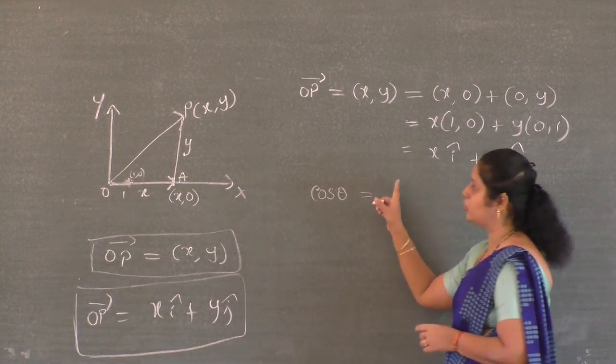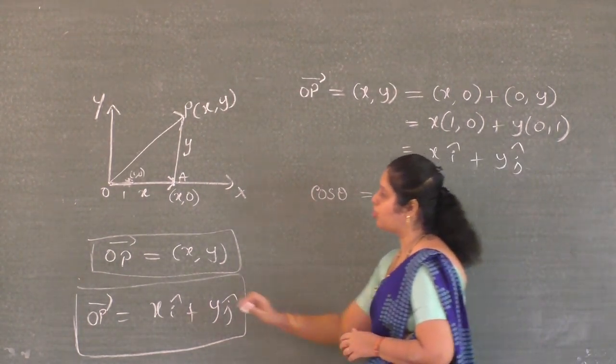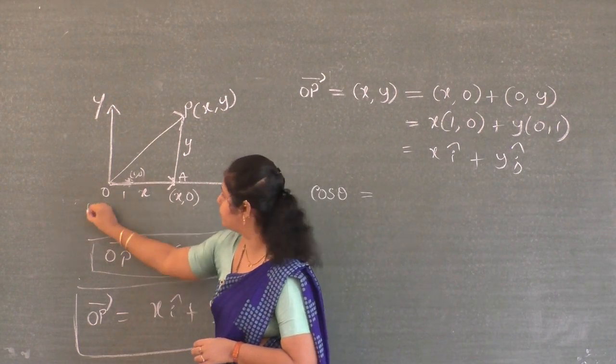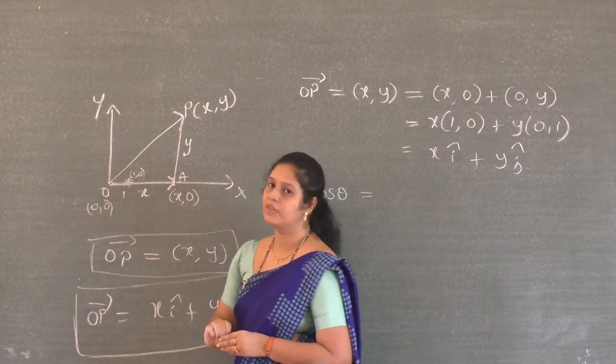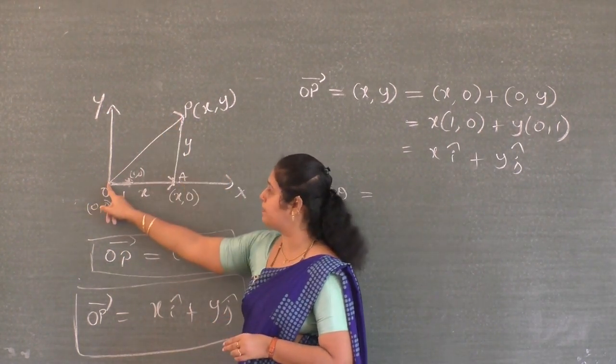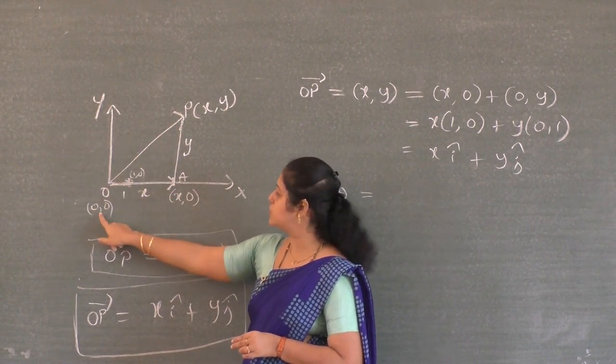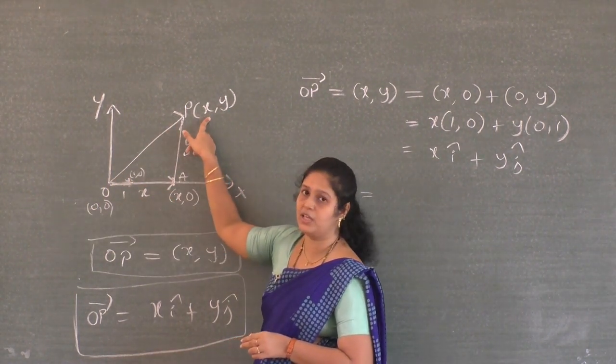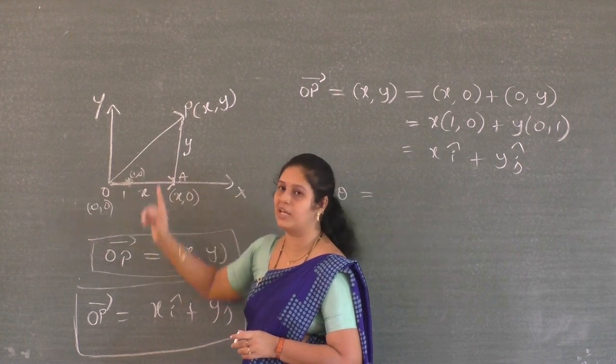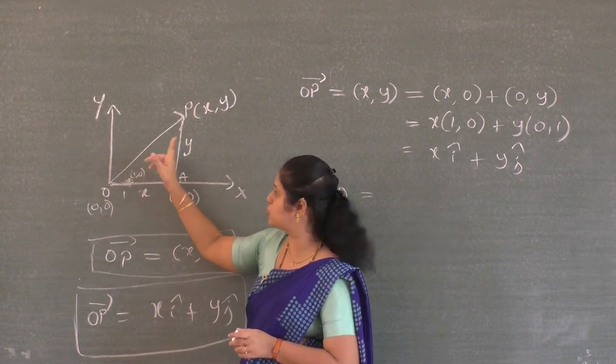So the magnitude of vector OP is equal to, here the origin is 0, 0. That is the distance between O and P. This is 0, 0. This is x, y. So applying the distance formula, we get distance OP.